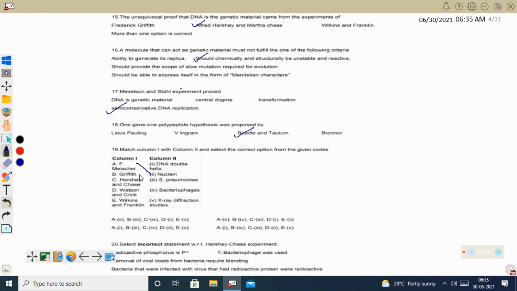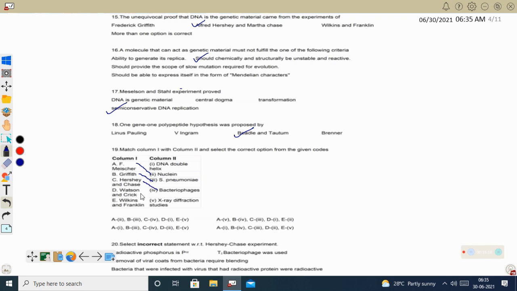Griffith conducted an experiment for confirming the transformation principle, using Streptococcus pneumoniae. Hershey and Chase conducted the experiment with Escherichia coli and bacteriophage T2. So here this is the correct match.